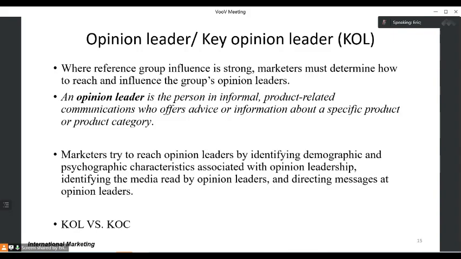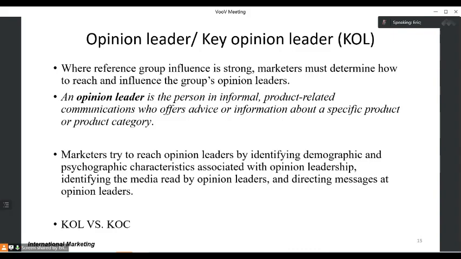If you take part in some groups, there is someone who is not the official leader, but has some power to affect the other group members. This is the opinion leader.